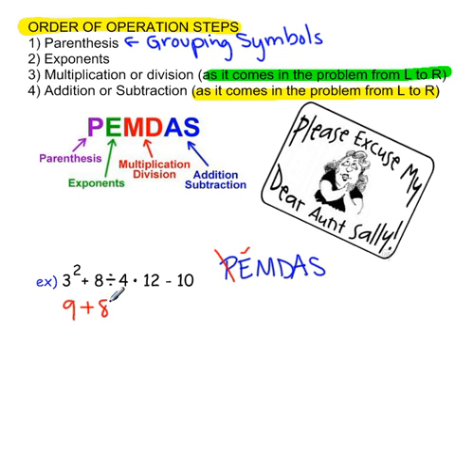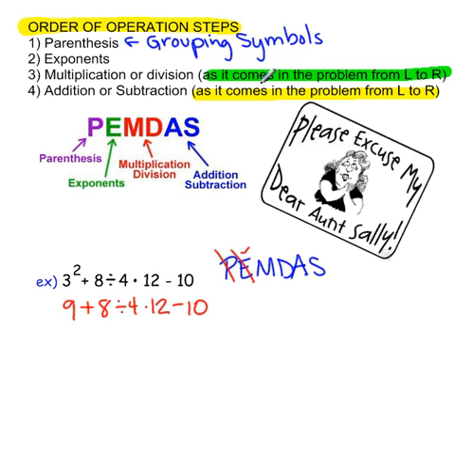Now, what I'm going to do is I'm going to write every little thing else out that I did not work with just to stay organized. So I've done the exponents. Check. Now, is there any multiplication or division? They come in order as left to right. So let's see. Yeah, I see multiplication, and I also see division.